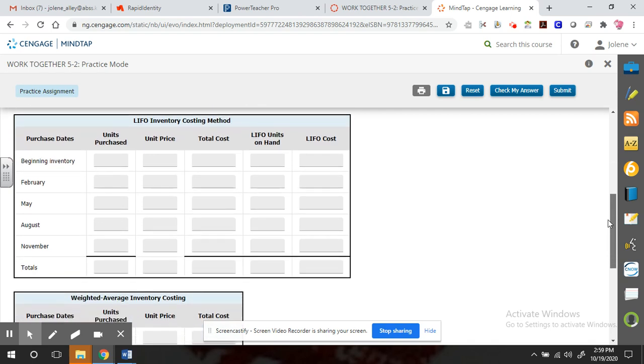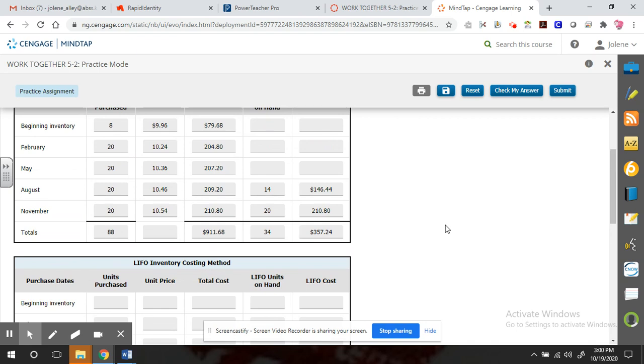And the way this works is that the last things that came in are the first out. Last in, first out. So whatever their beginning inventory is, whatever they purchase next just gets piled on top of it. And then what gets purchased next gets piled on top of it. And they just keep making the pile taller and taller. But what was on the bottom is what you had originally.